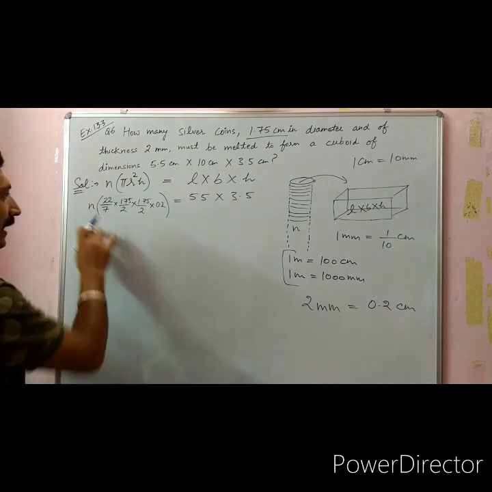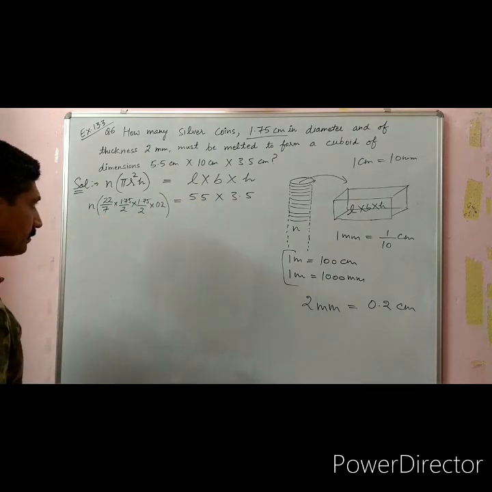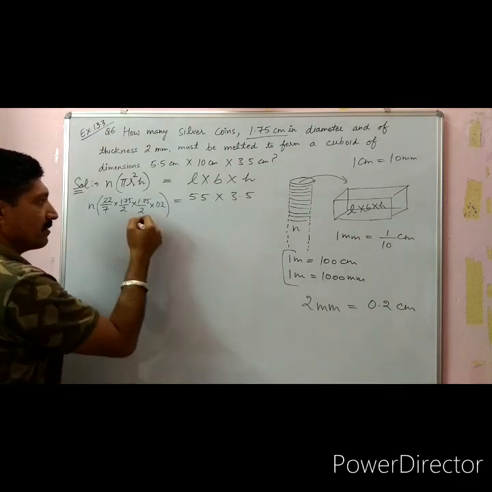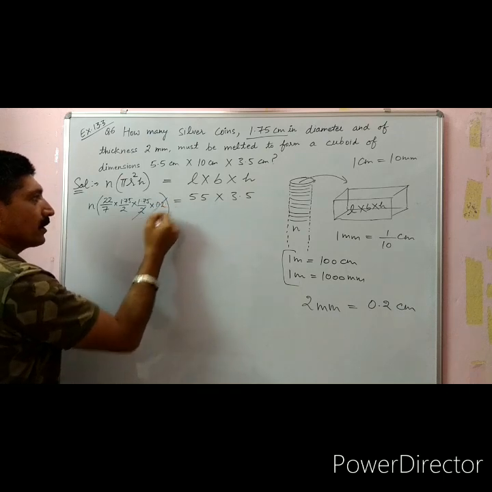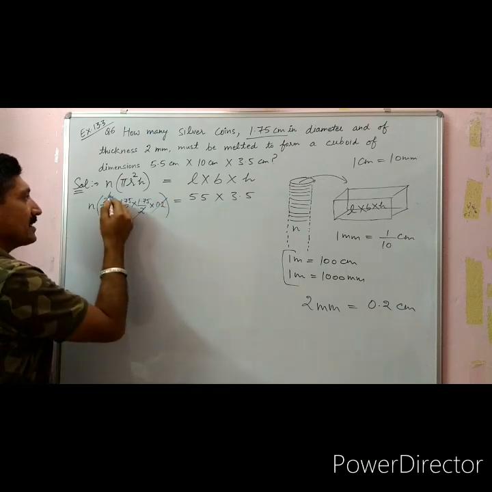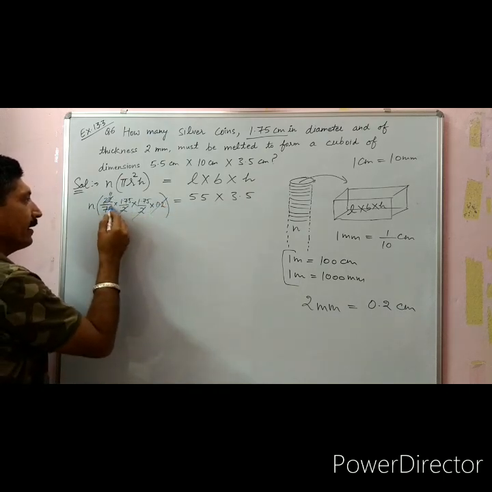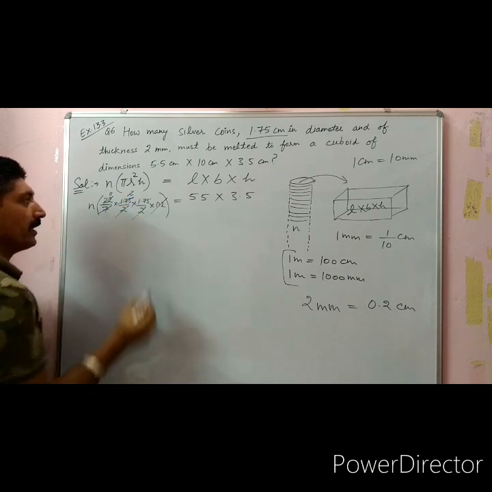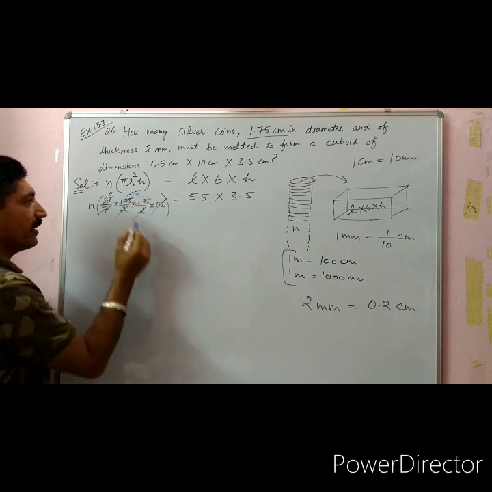So here we will go for the calculation work. If we remove the decimals, then here 2 with 2, this is 11 here, and 7 2s are 14, 3, 5 here.